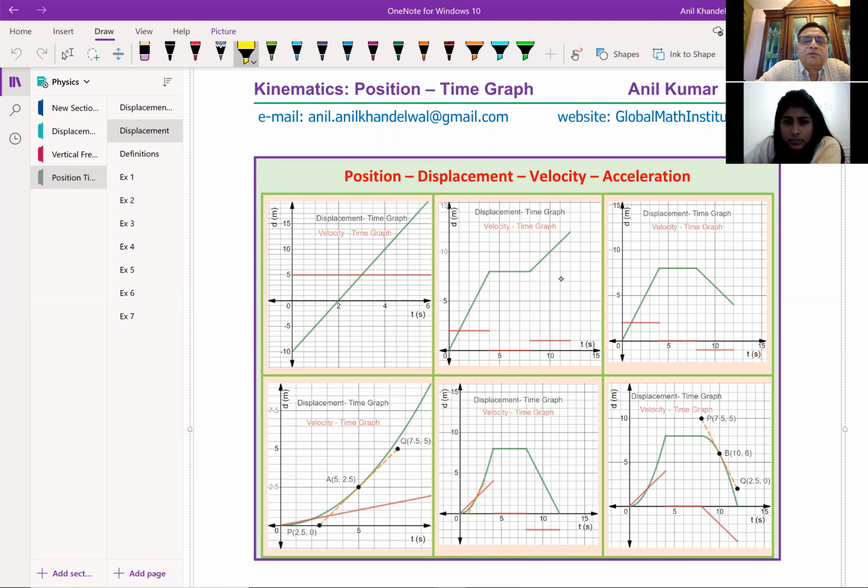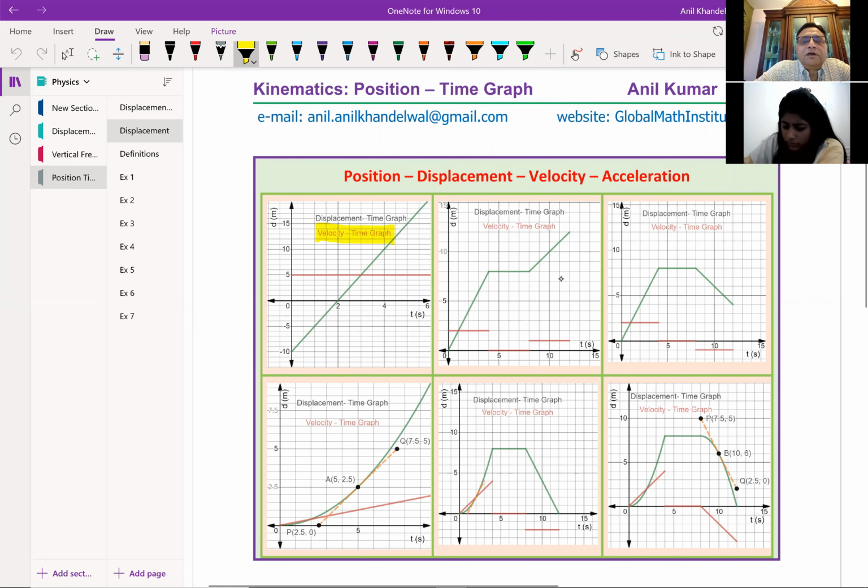I've also written velocity time graph here to give you an idea. Velocity is rate of change of displacement. So the slope at any particular point or during the interval will give us the velocity, correct? For a straight line, of course, the slope is going to be constant and therefore the velocity will be constant. This red line shows the velocity.